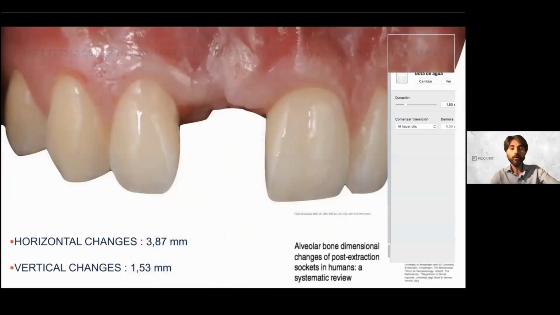We know that after extraction, we're going to experience a shrinkage of the crest, more or less 3-5 millimeters horizontally and 1-2 millimeters vertically, if we have intact bone walls.